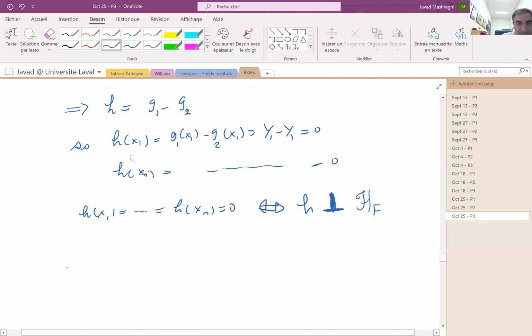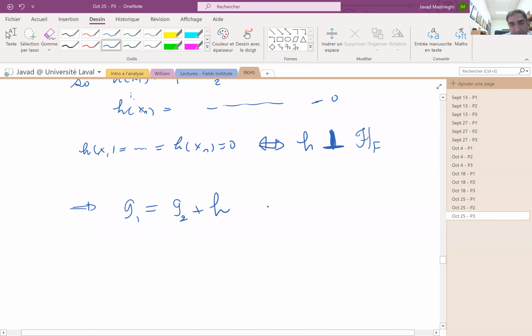So in other words, G1 can be written as G2 plus H, where H is in HF perp. This is also somehow reversible.